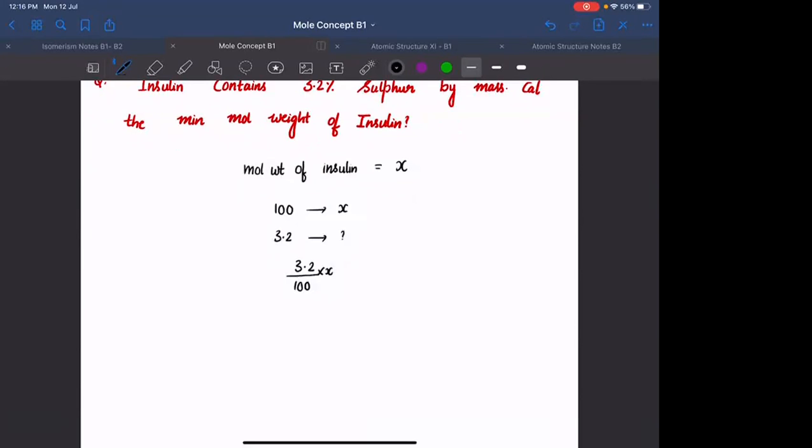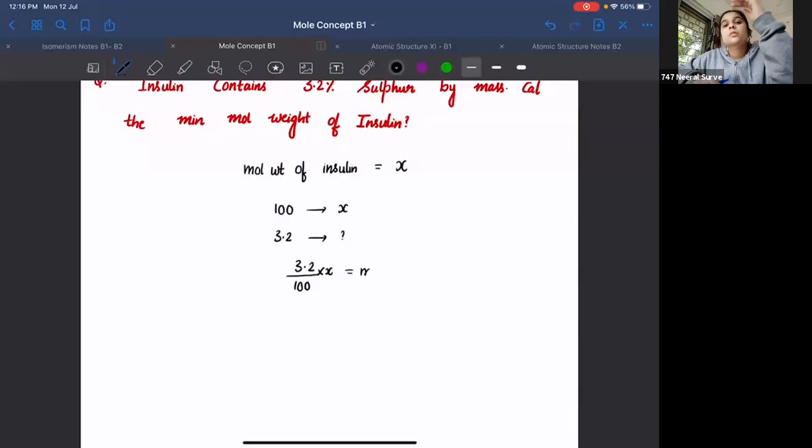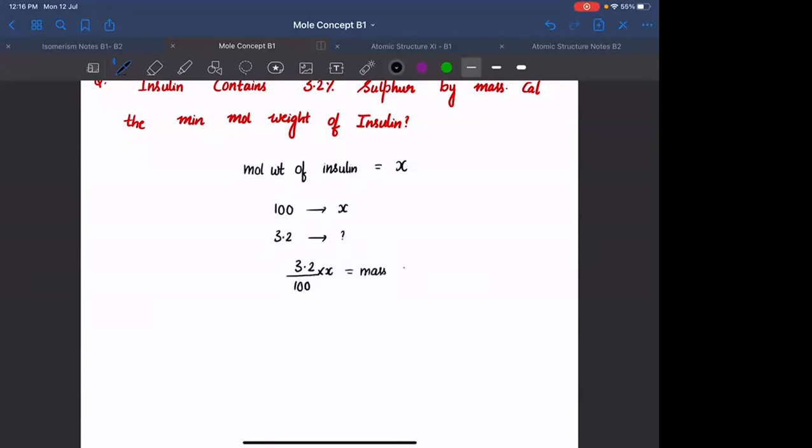What is this? This is nothing but mass of sulfur in order to have least molecular weight. I hope this logic is clear to everyone.